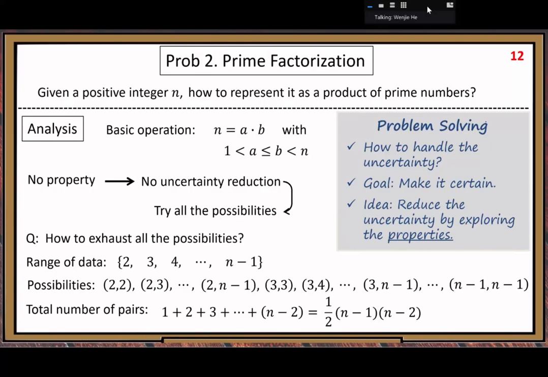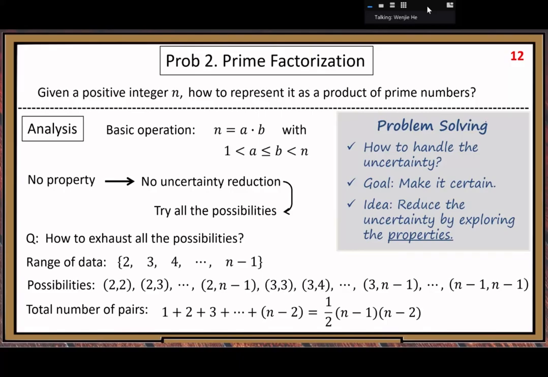That's quite a lot. So the efficiency is not good. If we cannot find a way to reduce the range for our data, we need to do a large amount of work.